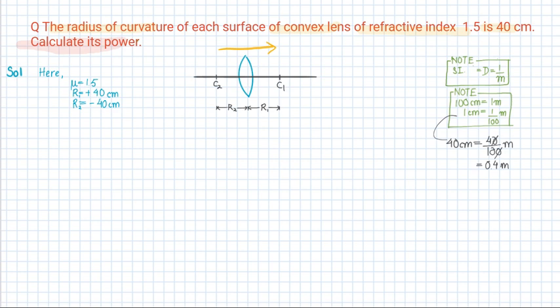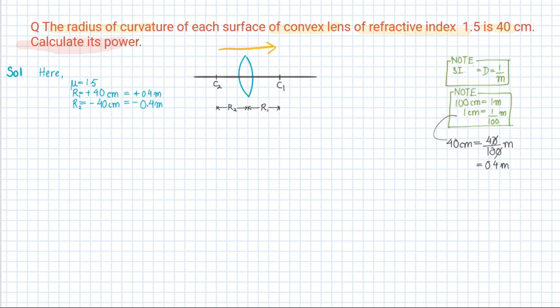So let me write down here, R1 equals plus 0.4 meter. Similarly, R2 equals minus 0.4 meter. Now we know how the power of lens is given.